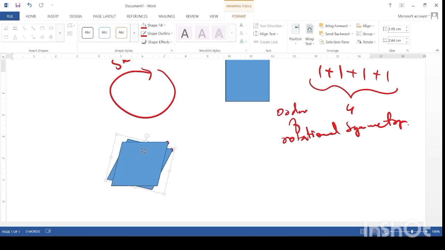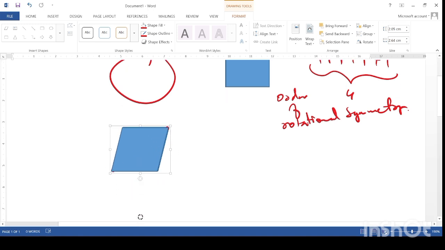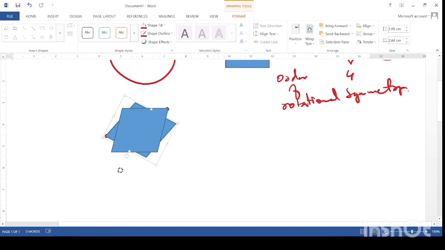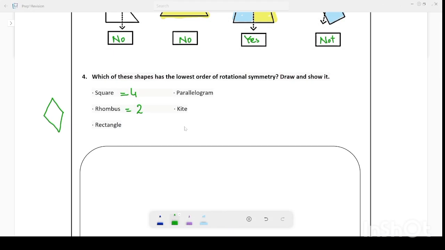These give us the same shape 2 times in a complete 360 degree rotation, one at 180 degrees and one at 360 degrees. So that's why a rhombus has 2 orders of rotation symmetry.